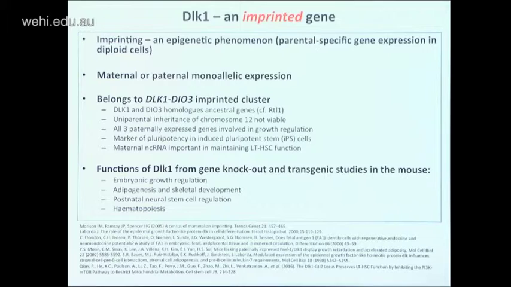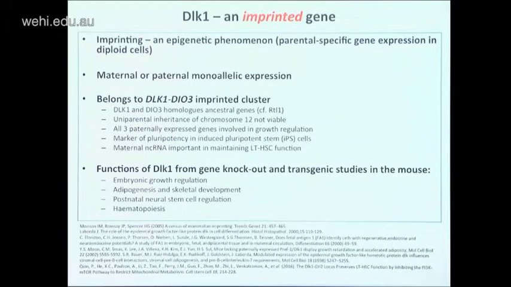All three paternally expressed genes are involved in growth regulation, and quite recently it seems the activated Dlk1-Dio3 region is a marker of pluripotency and induced pluripotent stem cells, and also not just the coding genes, but the maternal non-coding RNAs also seem to be very important in maintaining long-term hematopoietic stem cell function.